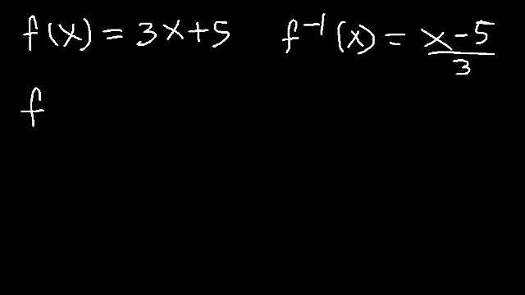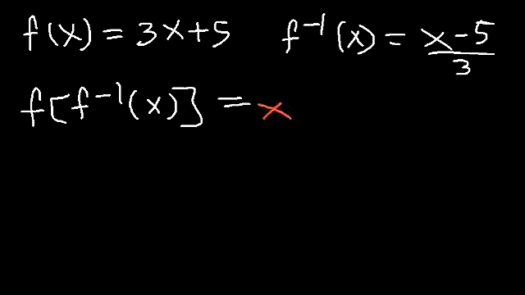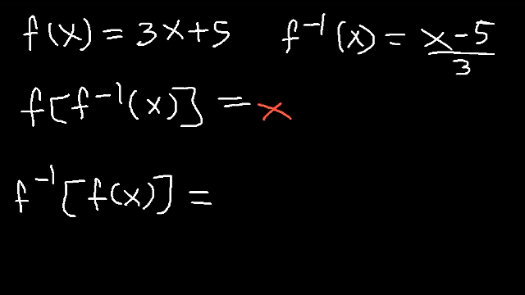For example, you need to find f of the inverse function of x, and you need to show that it's equal to x. And you have to do it the other way. So you need to take the inverse function of f of x and prove that it's x. If both answers are x, then the two functions are inverses of each other.